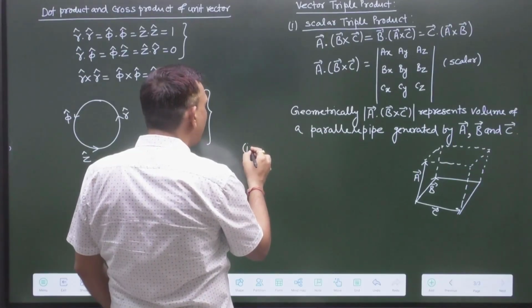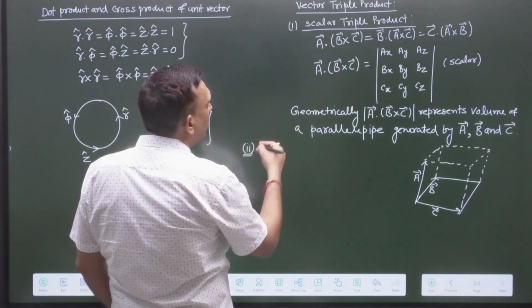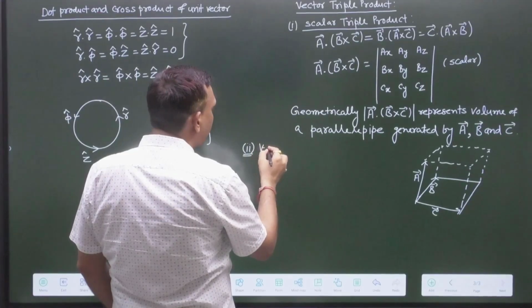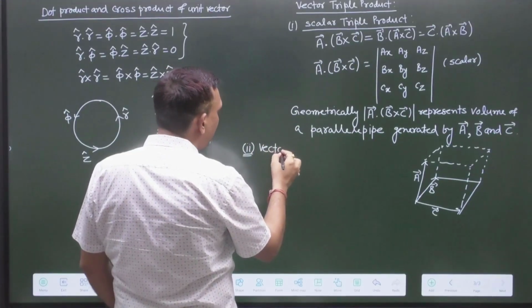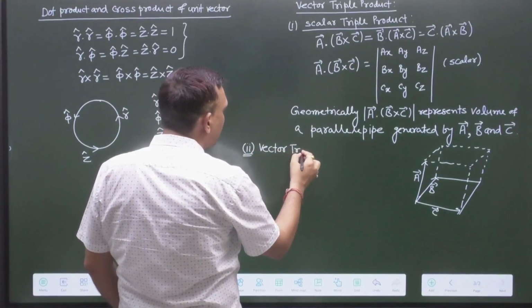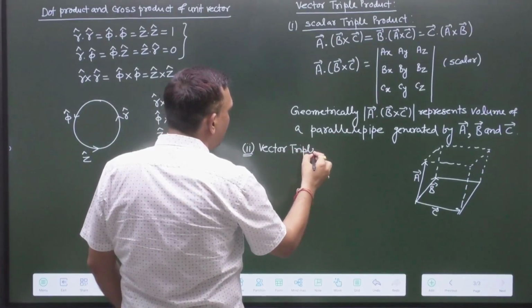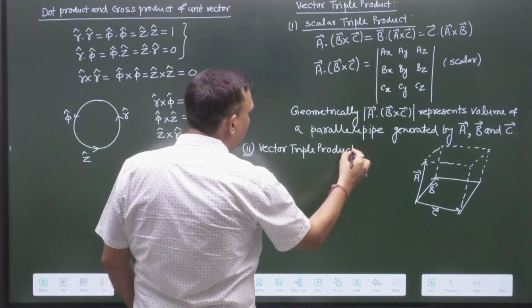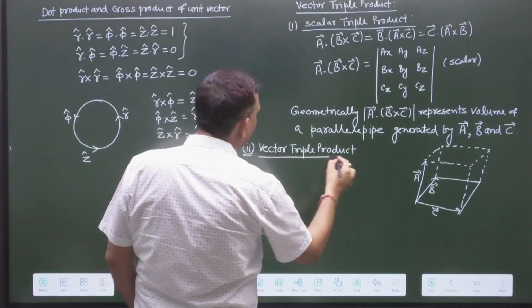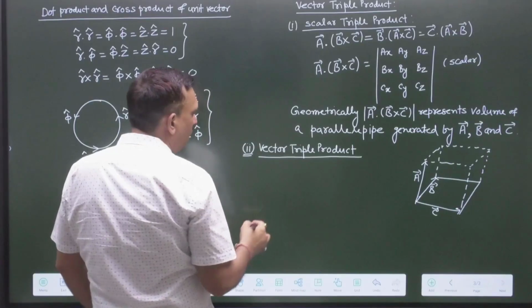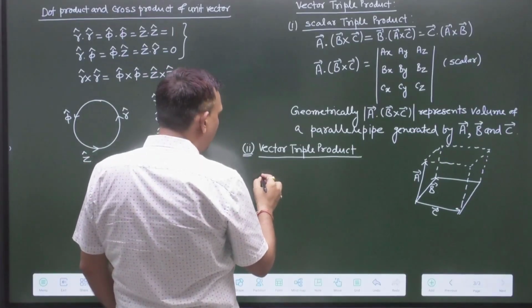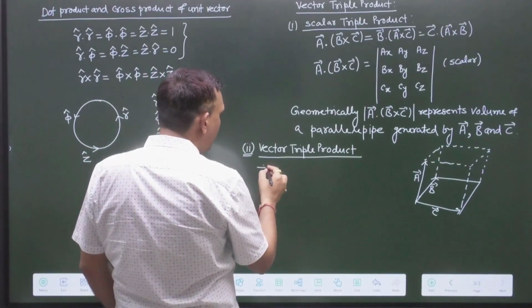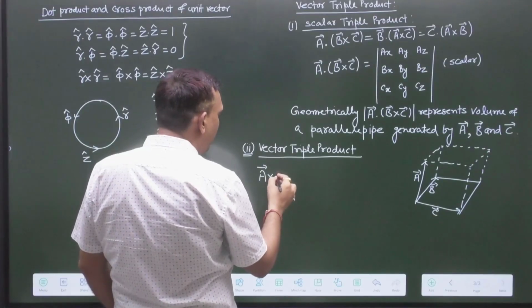Similarly, you can also find the vector triple product. Because B cross C is a vector quantity, you can take another cross product.